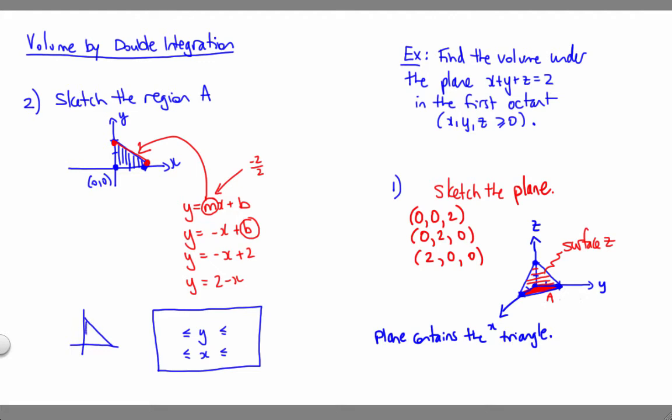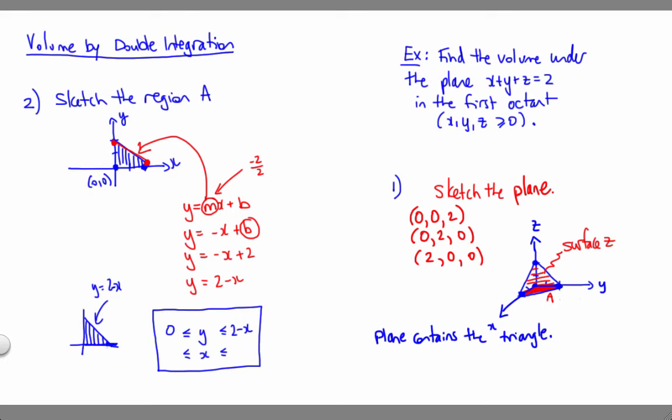So the typical way to do it would be just to take some vertical slices through this region here. And we'd ask ourselves, well, what are the top and bottom points of these vertical slices here? So at the top, remember this equation here is y equals 2 minus x. At the top, our y value is hitting 2 minus x, and at the bottom, we're hitting the x-axis here, which has a y value of 0. So these y values are ranging between 0 and 2 minus x.